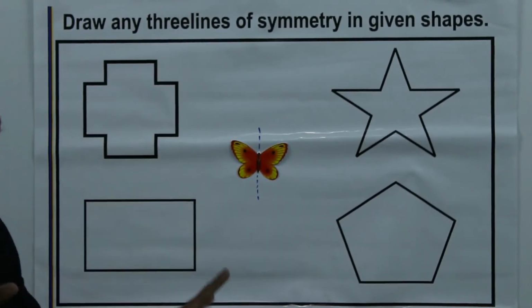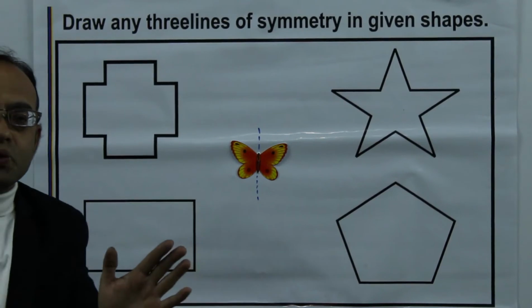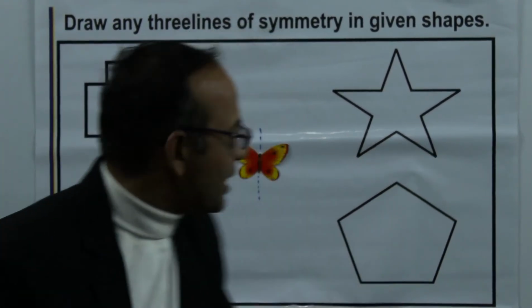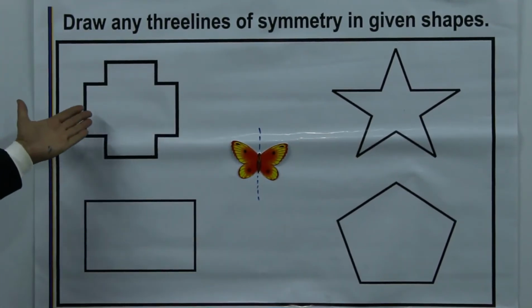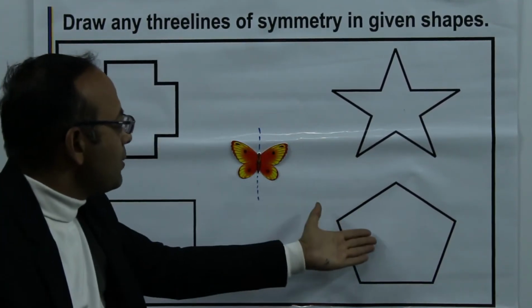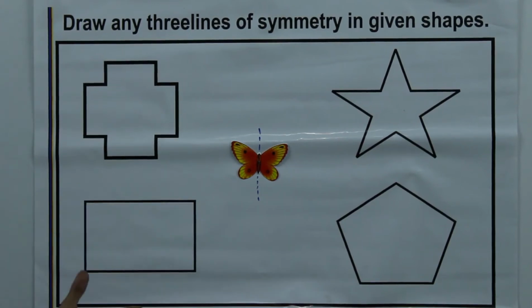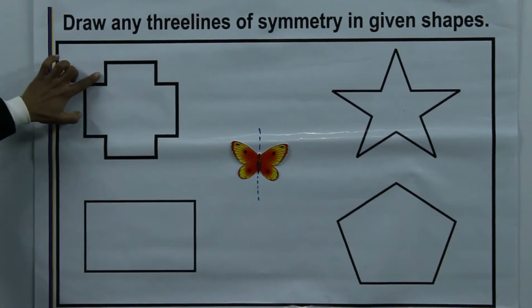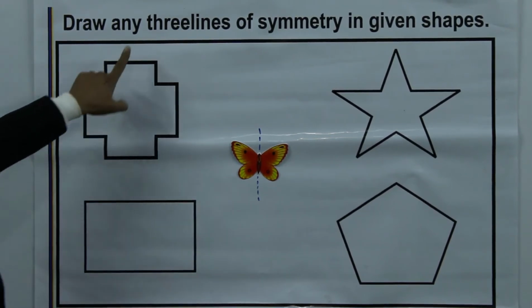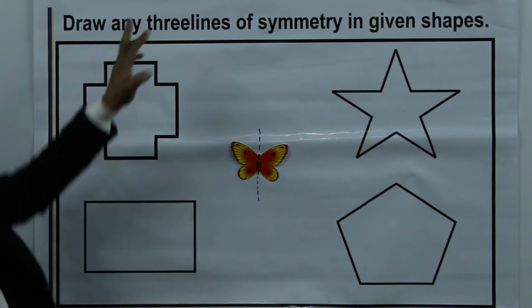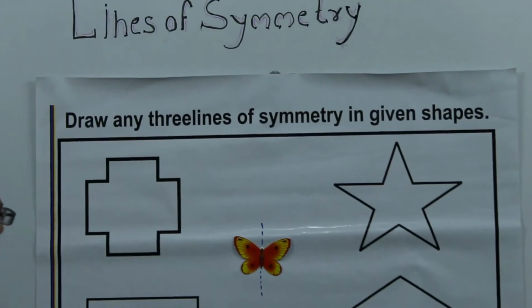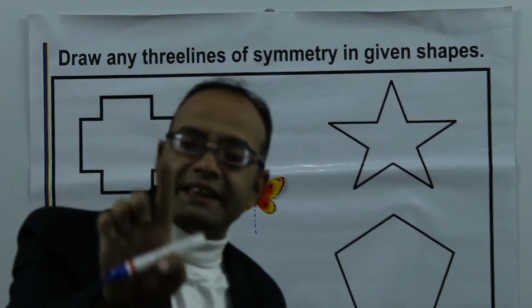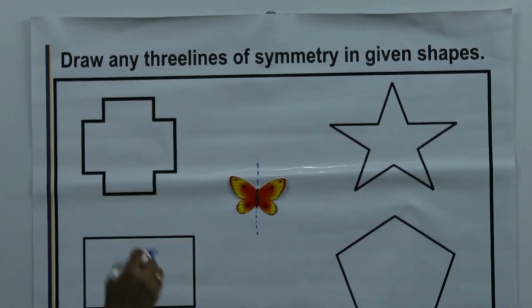Dear children, today we will learn how to draw the lines of symmetry. With the help of these figures, we can learn the lines of symmetry. In the first figure, we can draw the lines of symmetry. A line which divides a figure into two equal parts is called the line of symmetry.